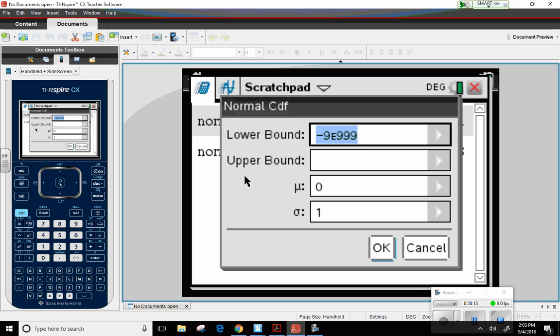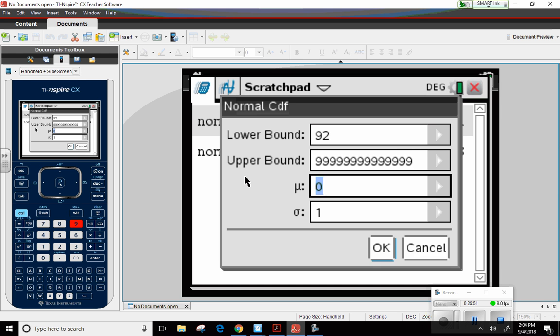Let's say we wanted the percentage of all the football players' chest measurements that were above 92. If you want to go above, that means 92 would be your lower. You put in your lower boundary, but you also have to put in an upper boundary. All you have to do is fill it up with 9s, a number so ridiculously big that the calculator will just do it.